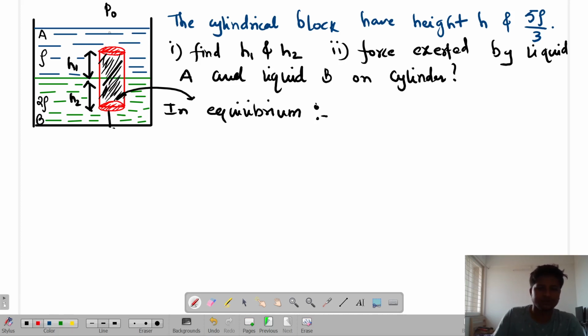First, there is a force from the upward liquid, isn't it? That will be balanced by some force from the downside, isn't it? So let's say this is force 1 and this is force 2. And then what should the equation be? You tell me. What should be the net force equation?